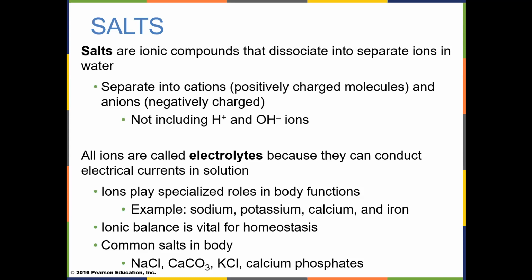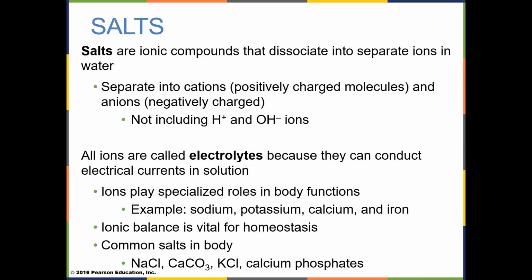Now, when an ion is in solution, a sodium ion in solution, for example, it's called an electrolyte. They conduct electrical currents. Remember, we are electrically charged. Our muscle cells have a charge of minus 90 millivolts. Our nerve cells have a charge of minus 70 millivolts.